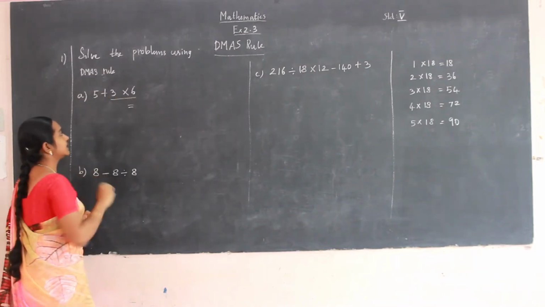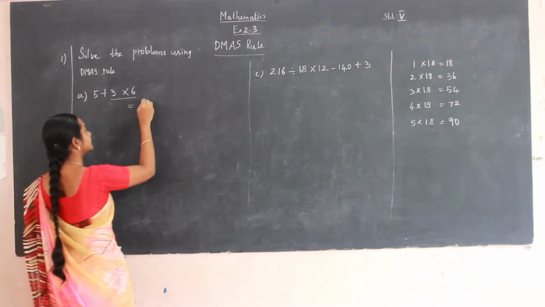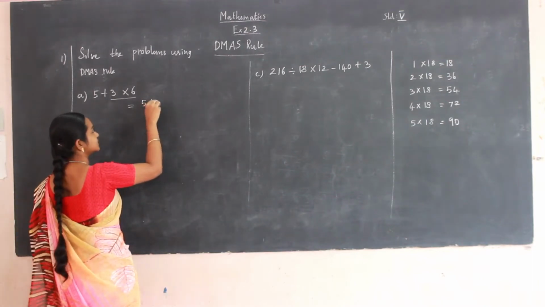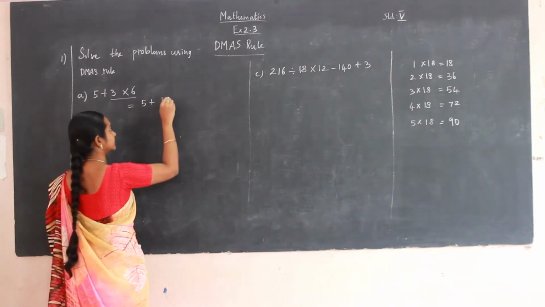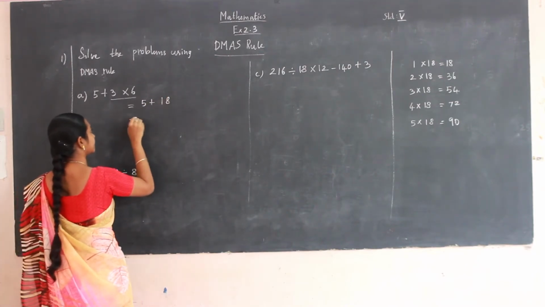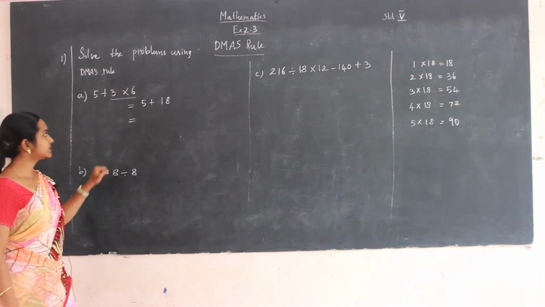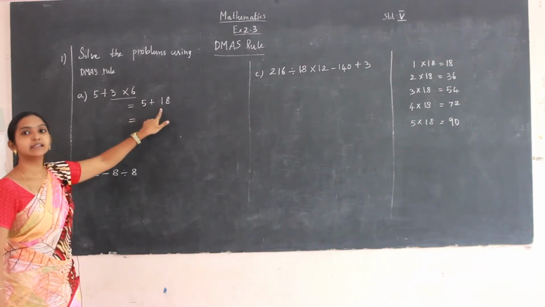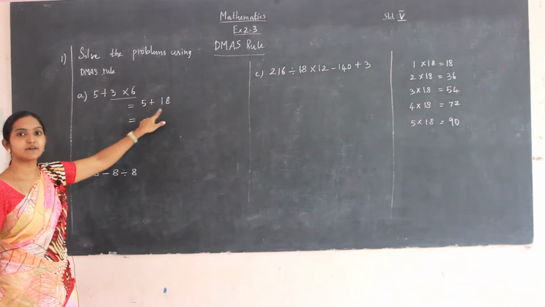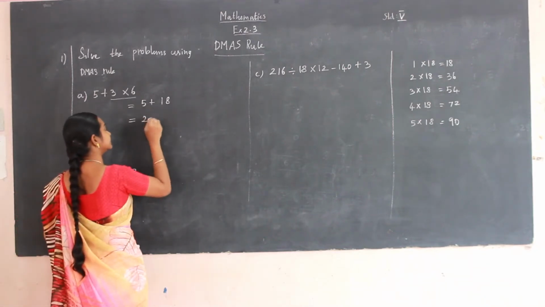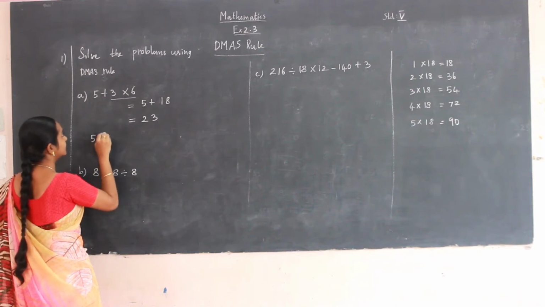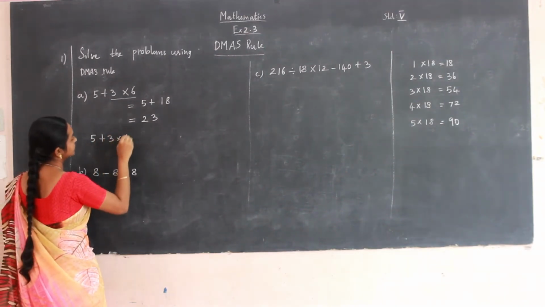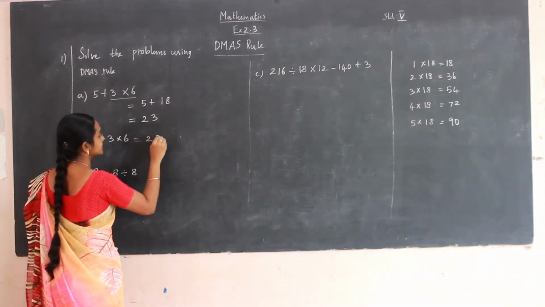Multiply 3 and 6. 1 6 is 6, 2 6 are 12, 3 6 are 18. Next we have to add 5 and 18. 18 plus 5 is 23. So 5 plus 3 into 6 equal to 23.